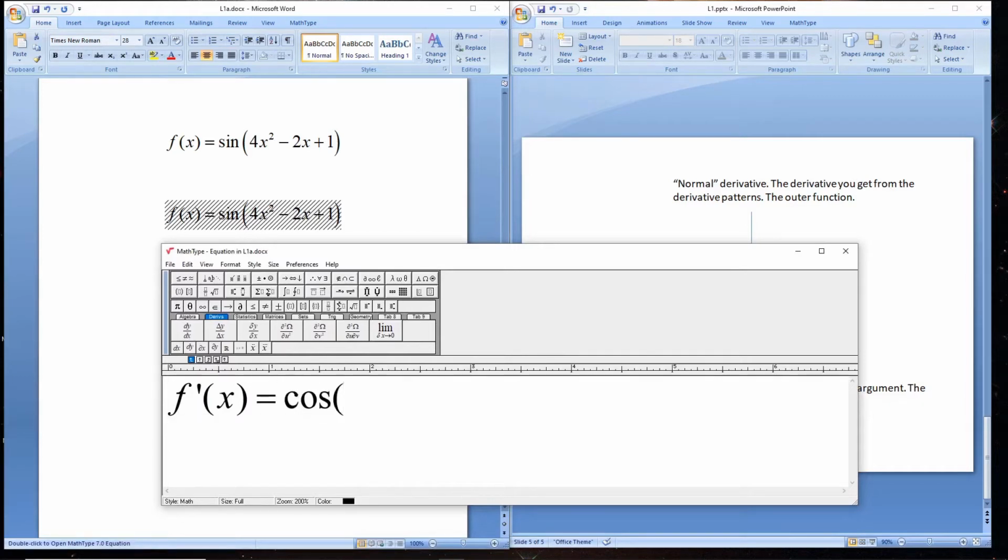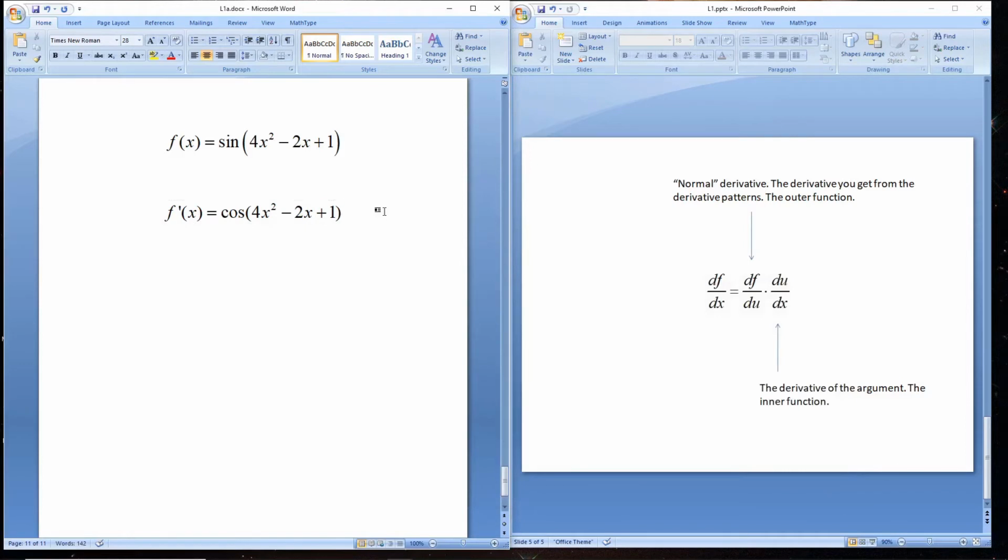And that's just straight up from the derivative patterns. Now we're not done. If we just blindly did the derivative patterns, the derivative of sine is cosine. And that's what I mean by the normal derivative here. It's just straight up that derivative that's in the derivative patterns sheet. And there it is. The derivative of sine is cosine.